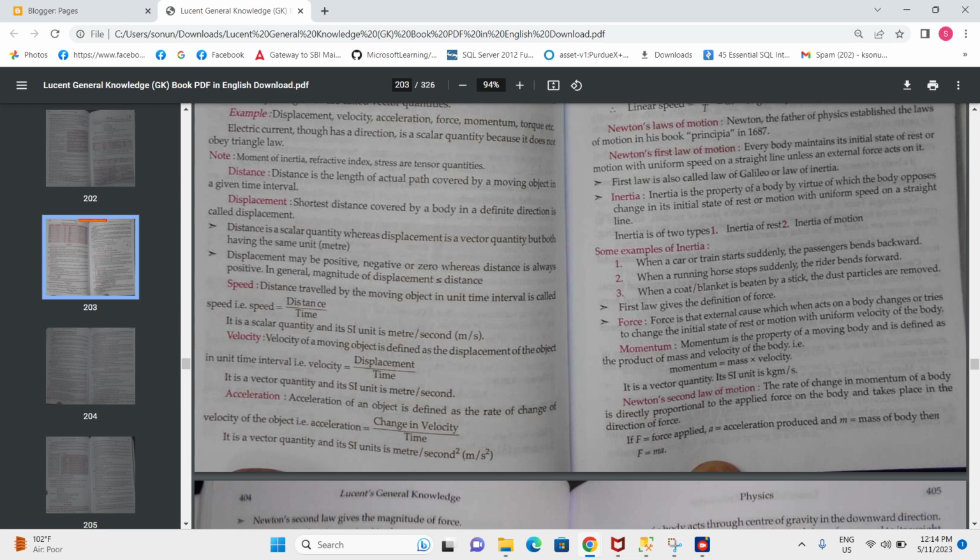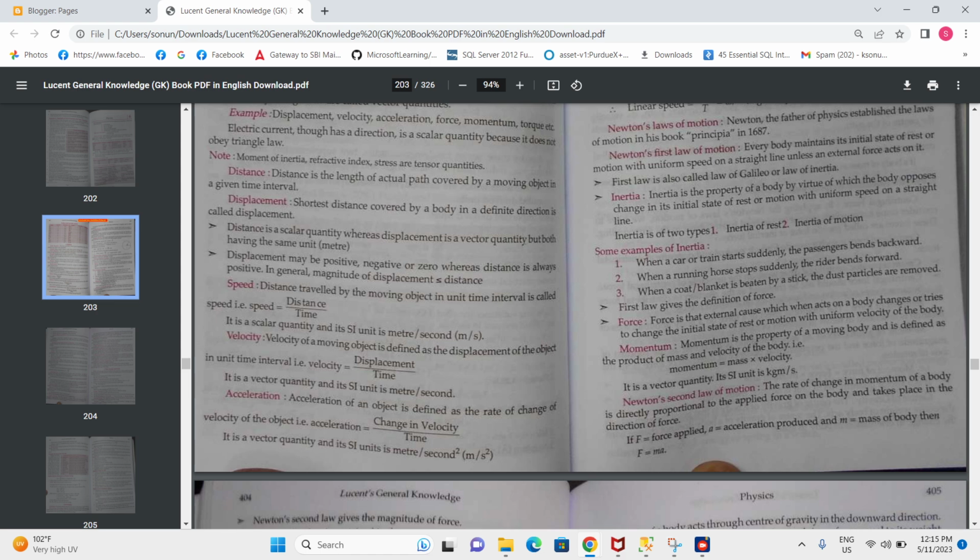Then the horse stopped suddenly, so the horse stopped, but due to inertia our body wants to move in the forward direction only. So due to the sudden stop of the horse, our body is still in a moving state. Due to this, the rider bends forward.